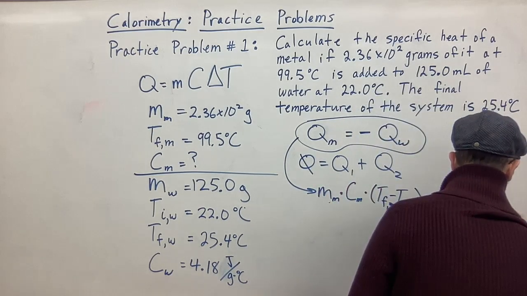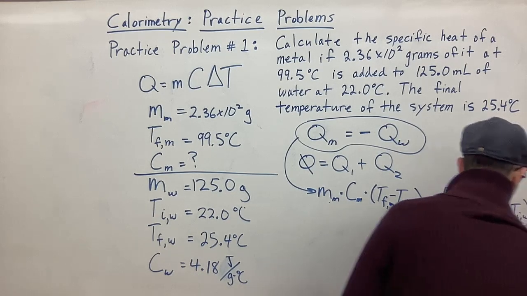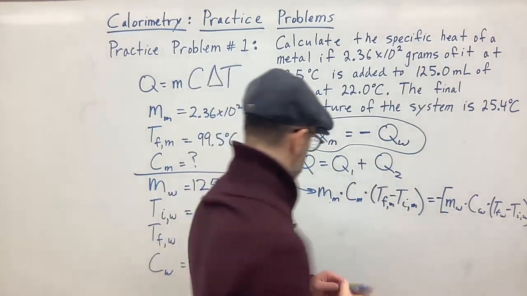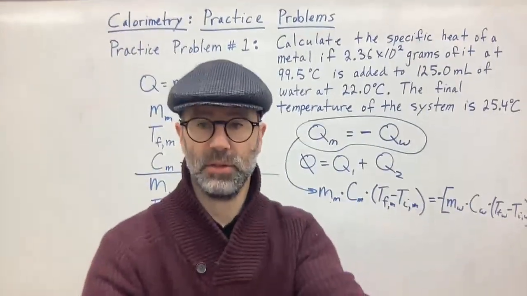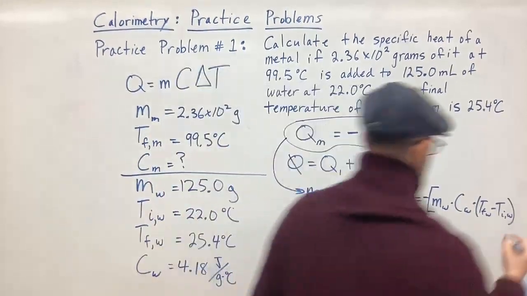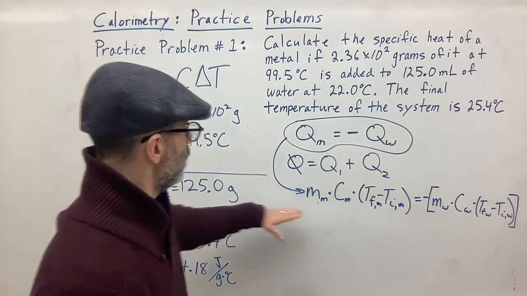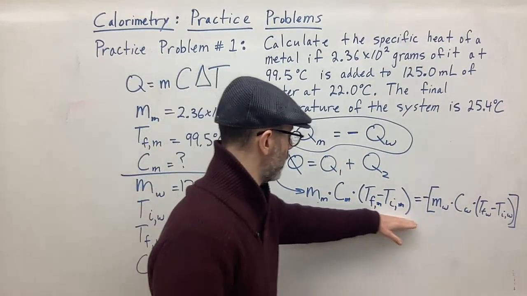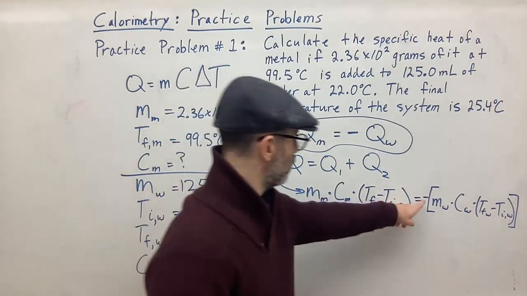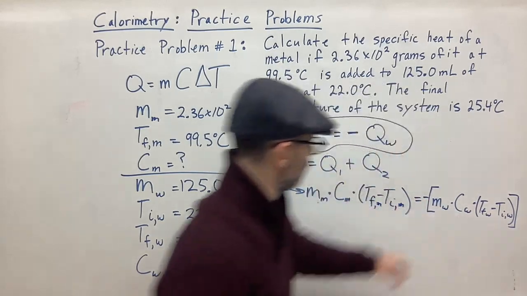So the final temperature of the water minus the initial temperature of the water. Oops, let me fix this so you can see it. There you go. Okay, so the Q of the metal side is equal to the negative of the water side.